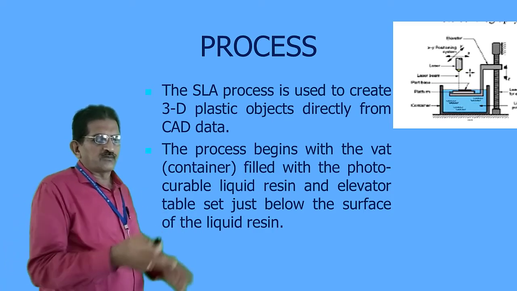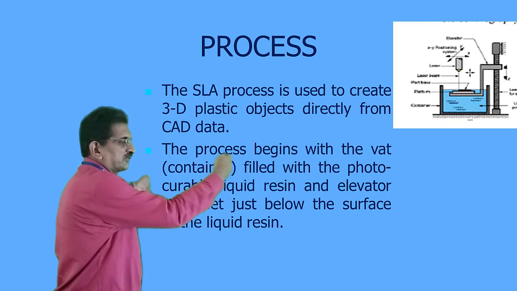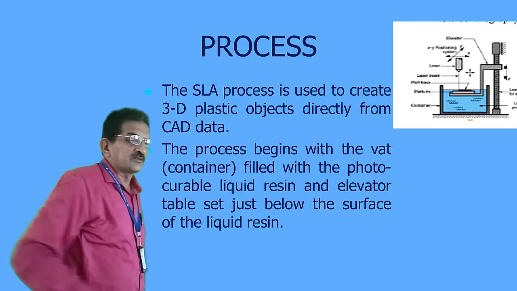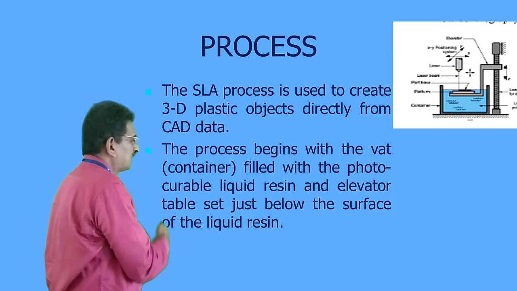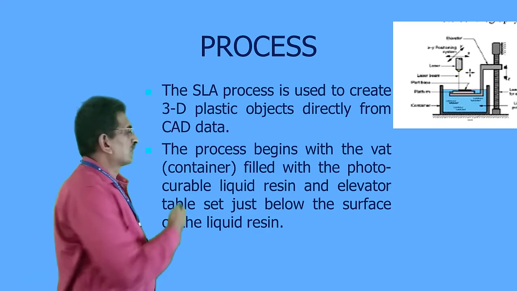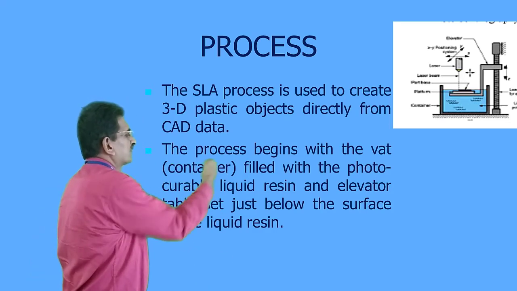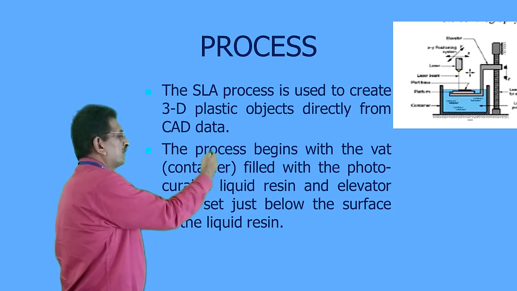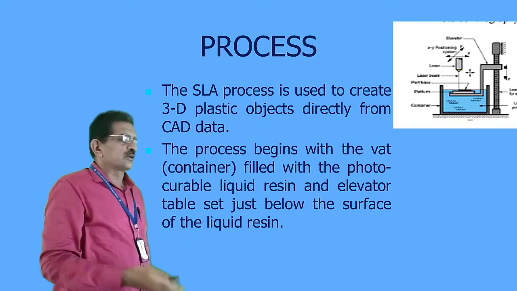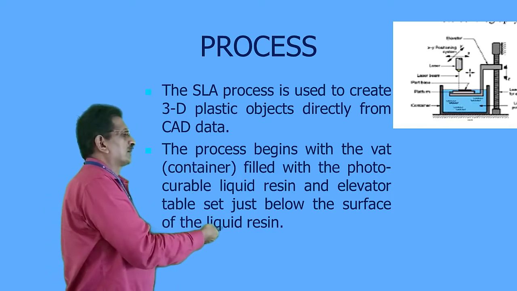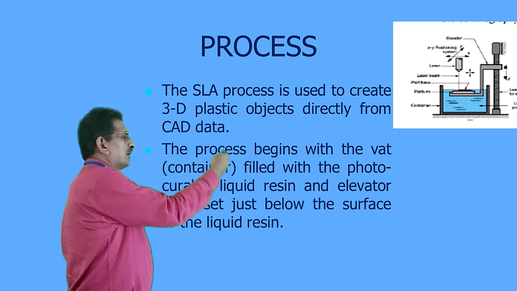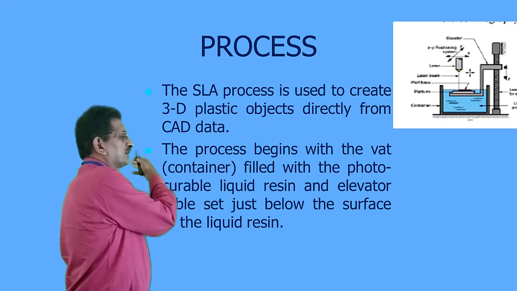The process takes place in a VAT container, which is filled with photo-curable resin, and there is an elevator platform inside, kept just below the surface of the resin. Once a layer is produced, the platform is brought down, and in between the wiper comes and cleans, or coats if you want.